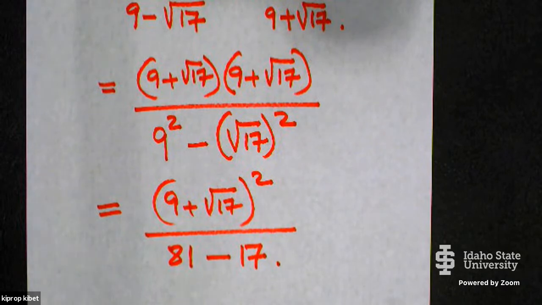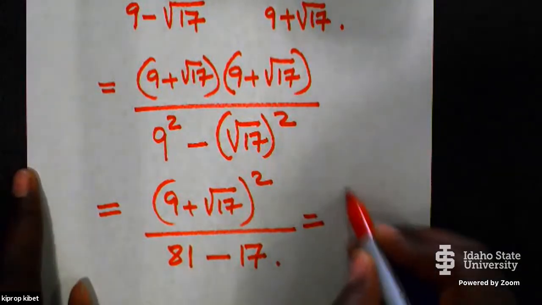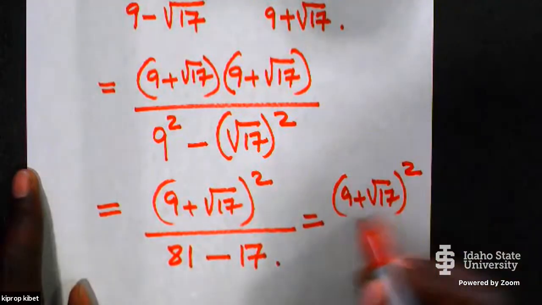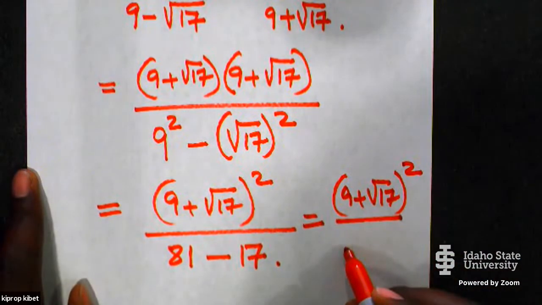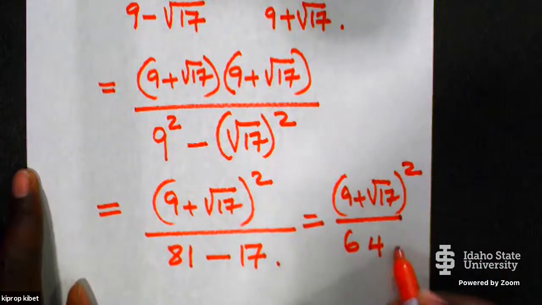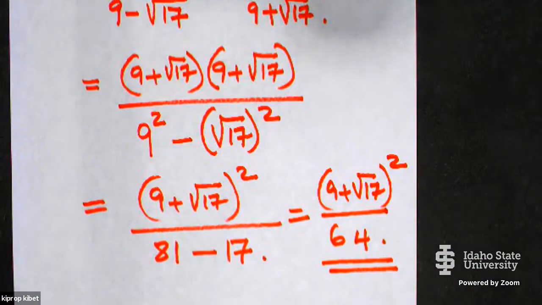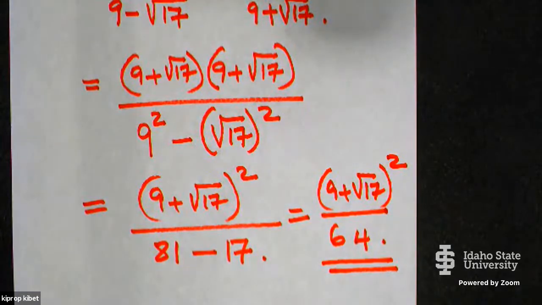So what do you get? Finally, you get 9 plus the root of 17 squared, all over 64. So that's how you simplify.